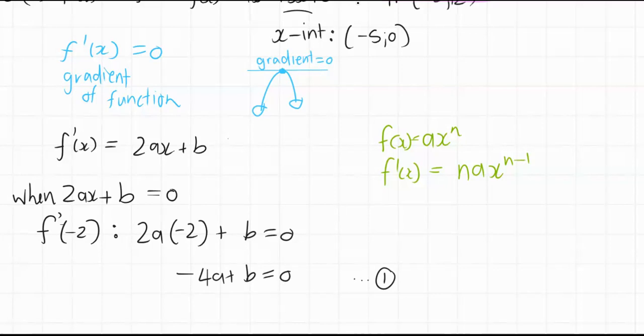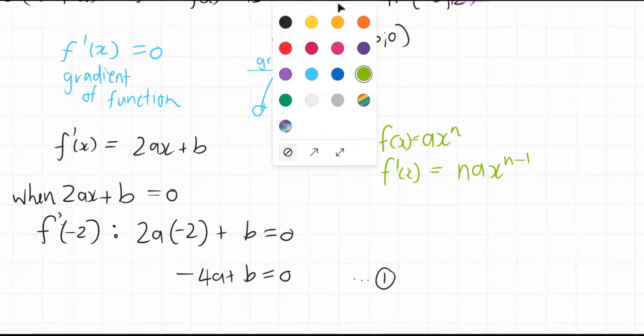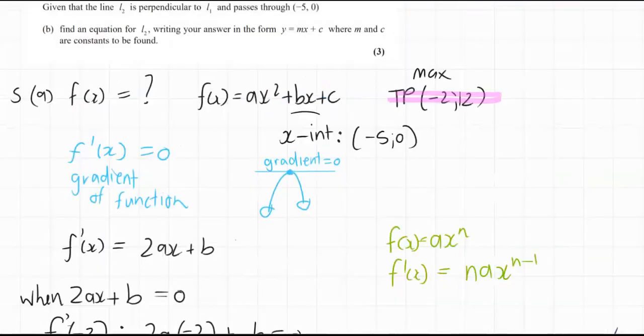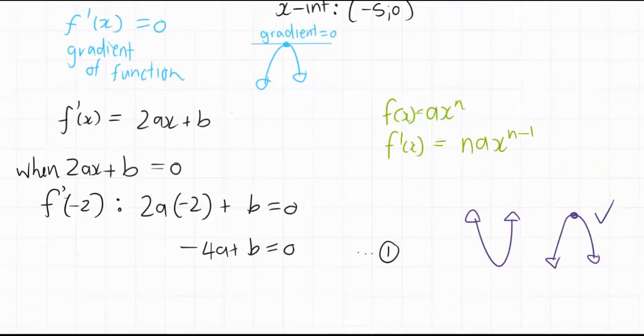Okay, what else do we know? Well, the turning point is a point on the graph. Just for the record, I don't know if it's this way or this way when drawing the sketch. The only reason I drew it this way is because it said it had a maximum point. So I'm assuming it's going to be this way around, but it could be either.